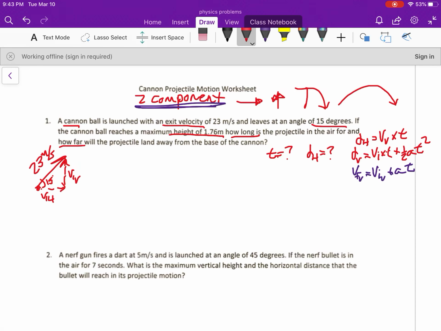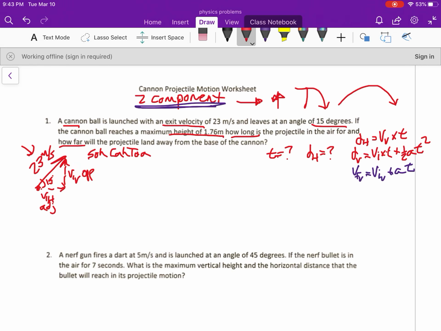The first thing I like to do, if I'm given this exit velocity, is use trig to solve for the other two sides of this triangle. As we should know, the side for the vertical direction is my opposite side, and the side for the horizontal should be my adjacent side. If I want to solve for my vertical velocity, I'm going to use sine from SOHCAHTOA.